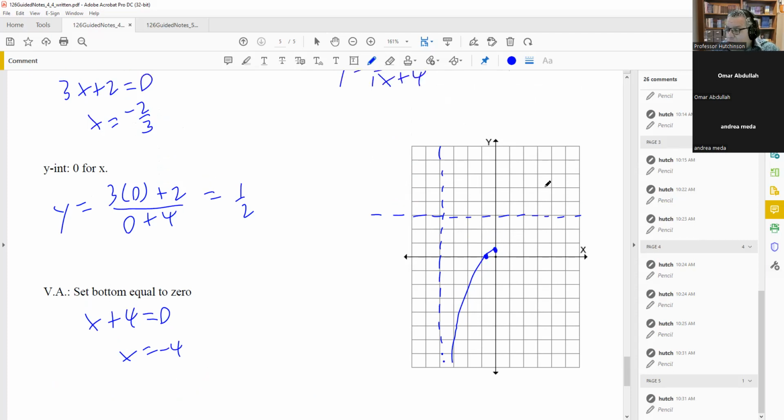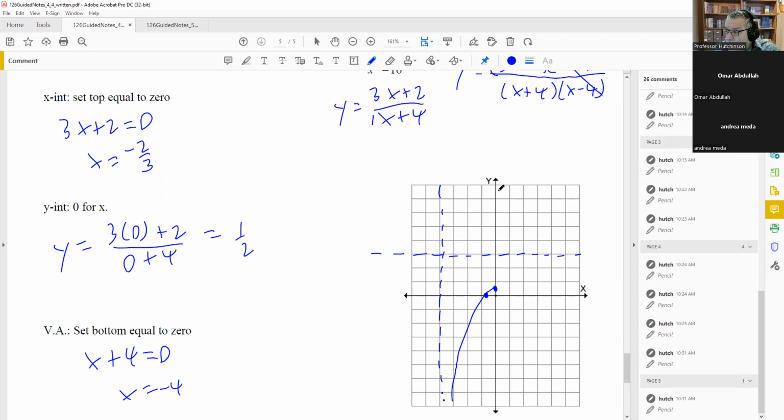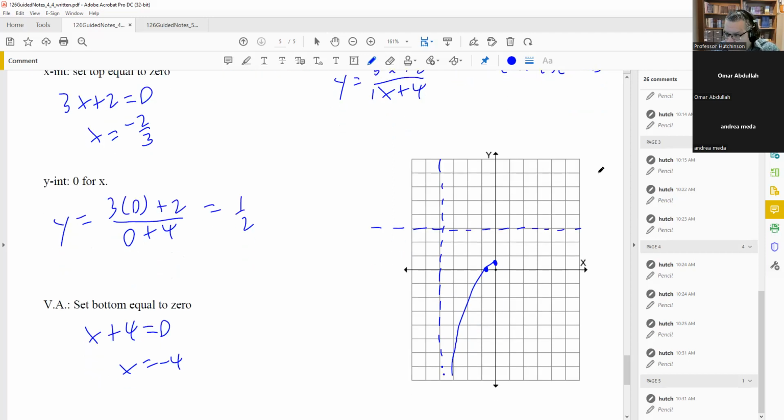So that tells us it has to be down below there. And then we're going to keep continuing this, and it's going to go all the way up, continue like that, follow that one.